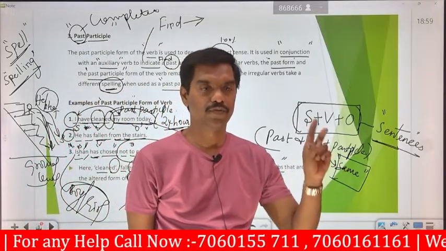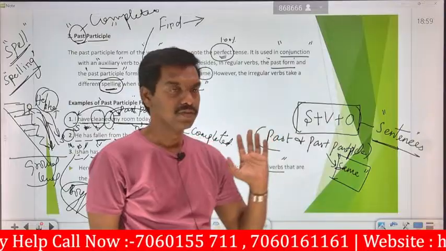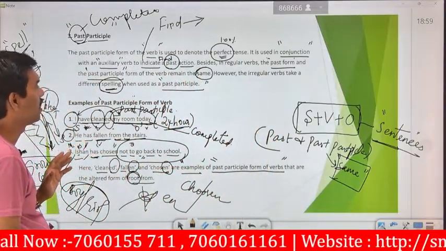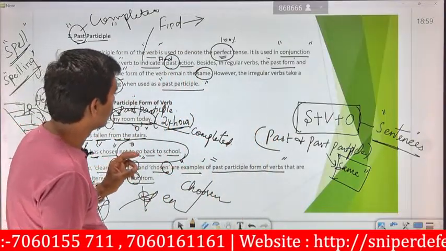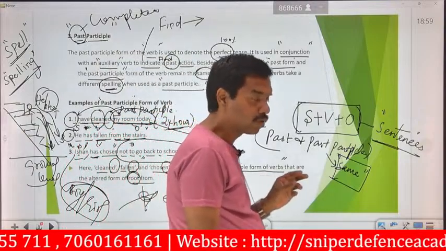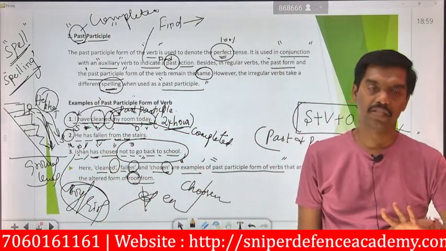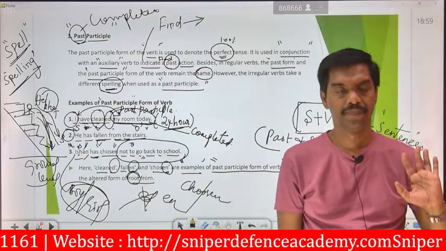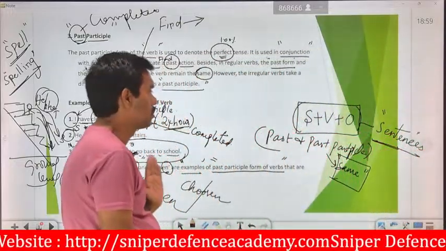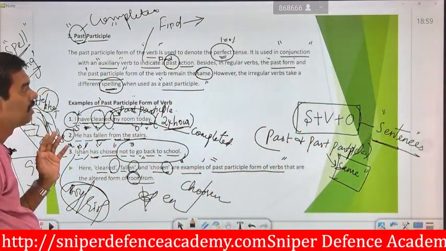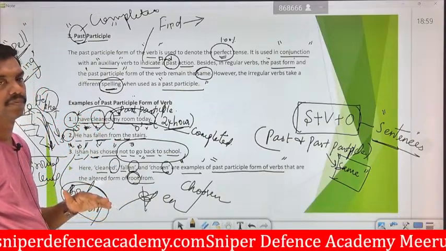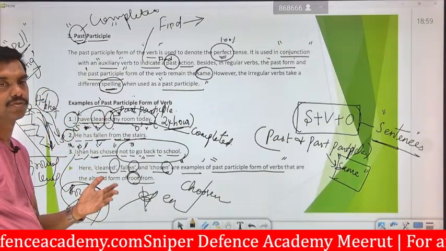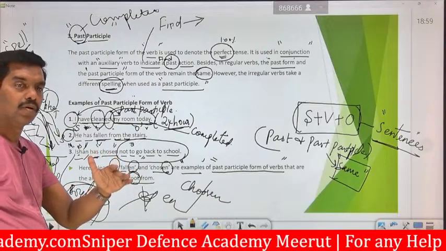Regular verbs are easy to identify, as the past and past participle remain the same. But irregular verbs differ in terms of spelling. Once you spell it, it will automatically differ.